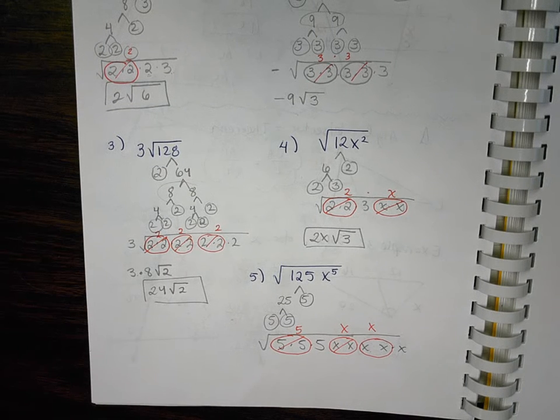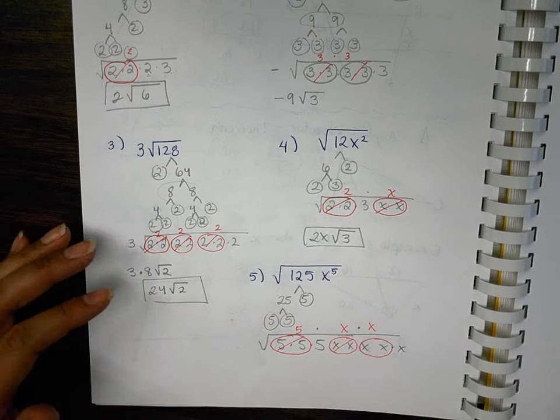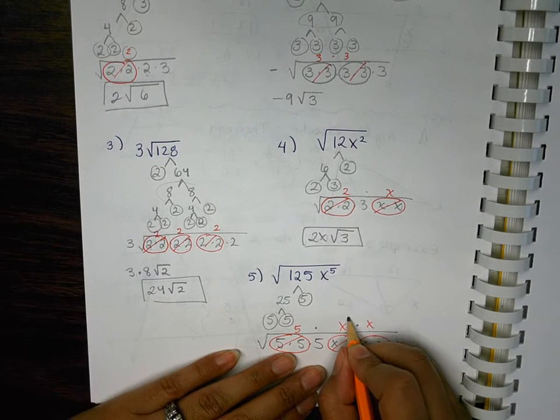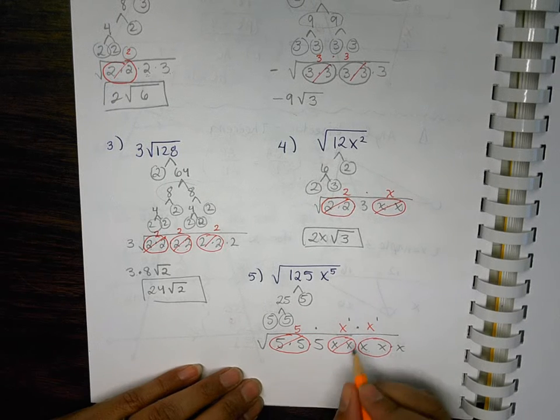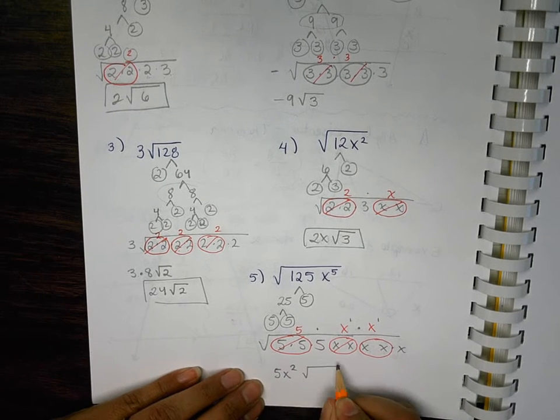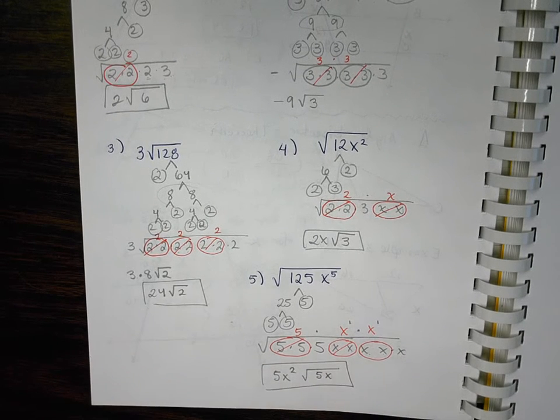All right, so 5 times x is 5x or 5x squared. All right, so when you're multiplying variables, you add the exponents. 1 plus 1 is 2. 5x squared, square root, what's left inside? 5x. 5x. Beautiful. All right, make sense?